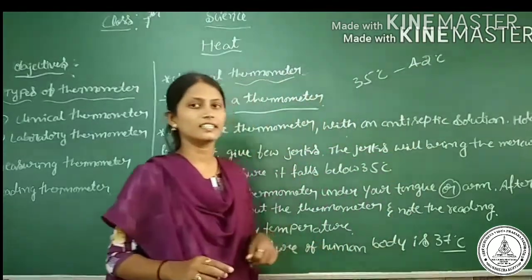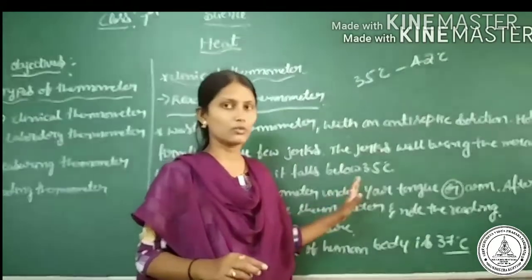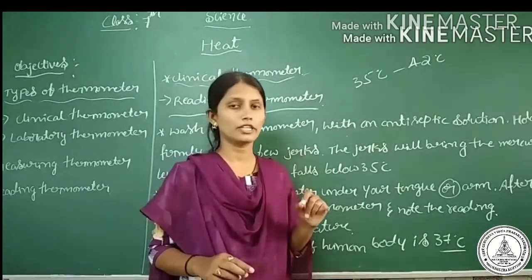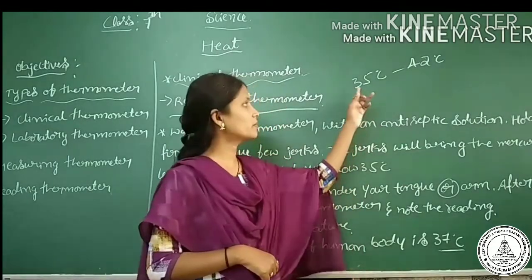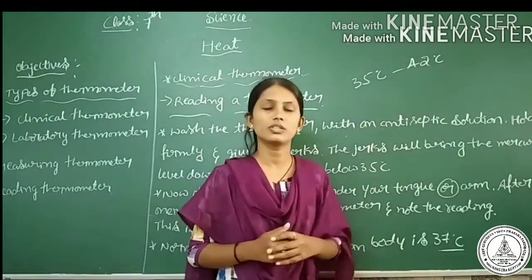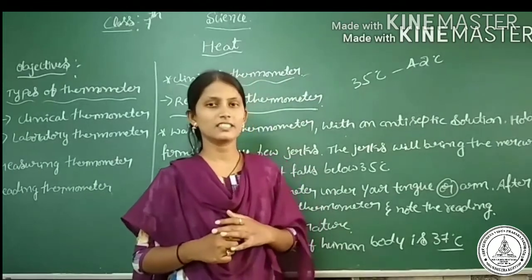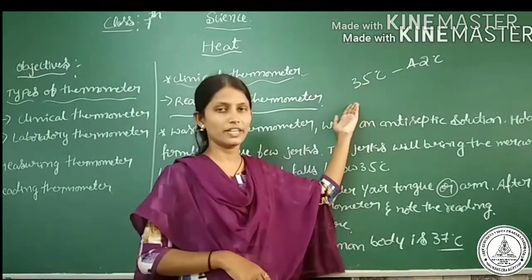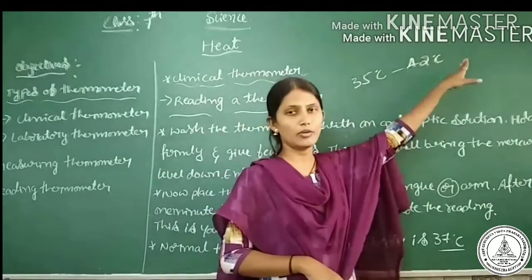What does it indicate? In a clinical thermometer filled with mercury, the range is from 35 degrees Celsius to 42 degrees Celsius. It indicates that human body temperature should not fall below 35 and should not rise above 42 degrees.